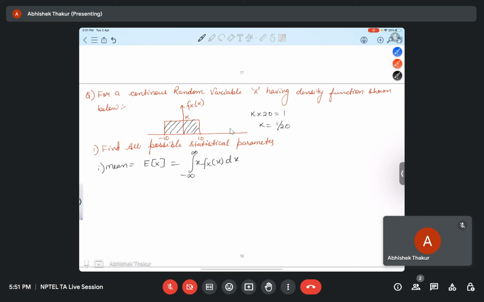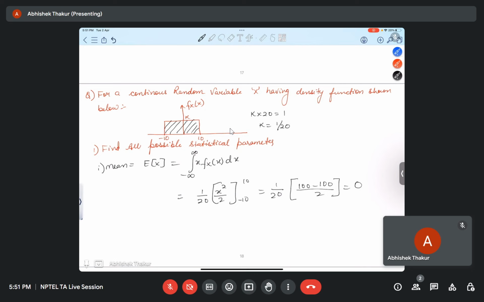So now we'll substitute. f x of x is 1 by 20. So 1 by 20 will come out and the integration of x will be x squared by 2. And this value will go from minus 10 to 10. So this is equal to 1 by 20 times (100 by 2 minus 100 by 2). So this is equal to 0. Okay. So the mean is 0.